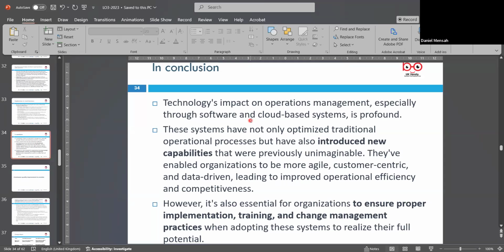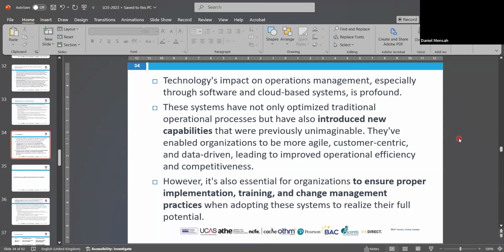Okay, but there is another factor which we need to consider: implementation challenges. Maybe it disrupts your existing processes and procedures, so you need to focus on proper implementation.